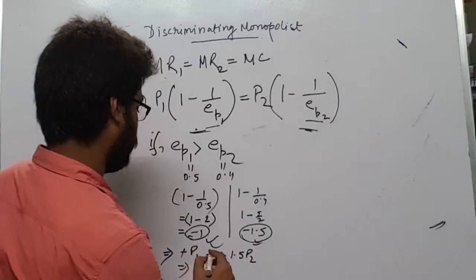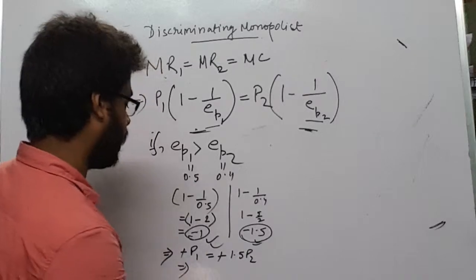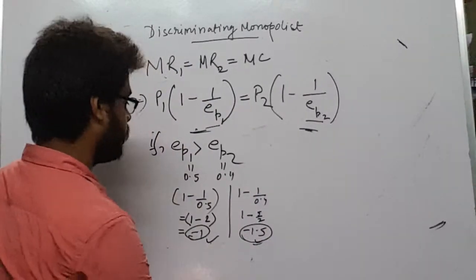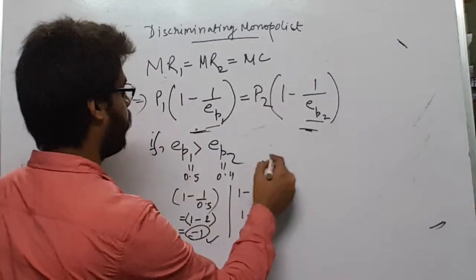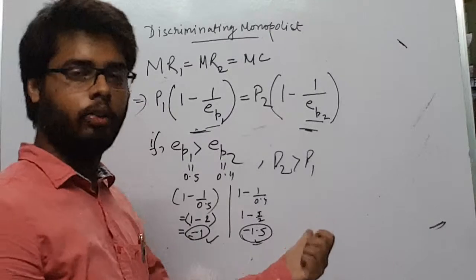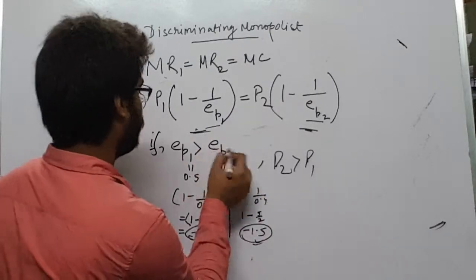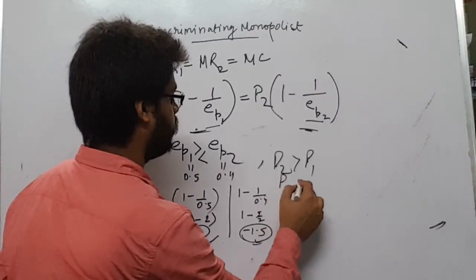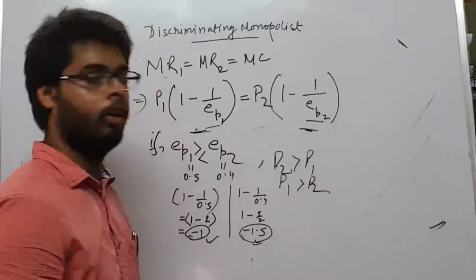So the price in the second market will be more. This is our conclusion, that the price in the second market will be more than the price in the first market. We can similarly do it when EP1 is less than EP2 also. So we will get another result, that the price is greater in the first market than in the second market.